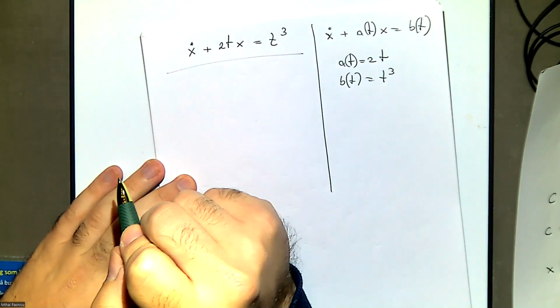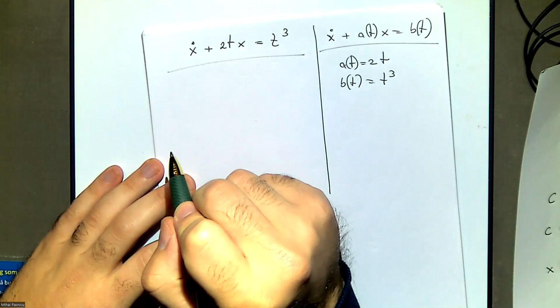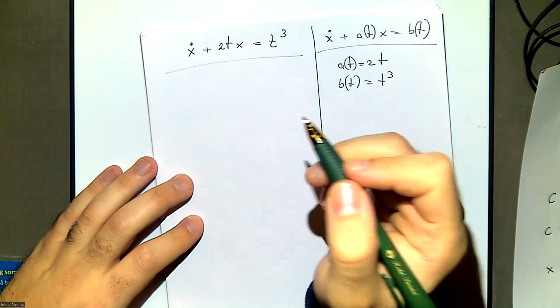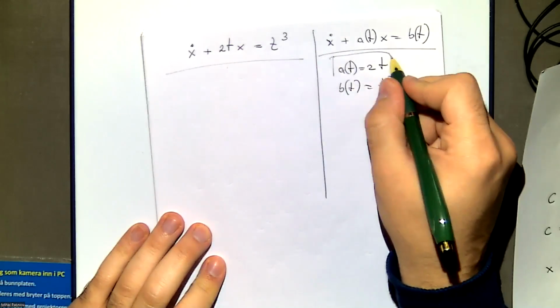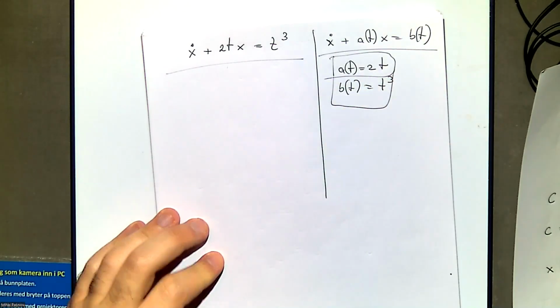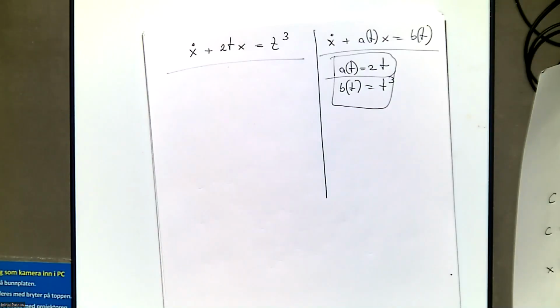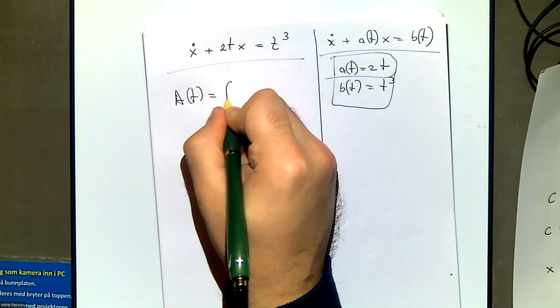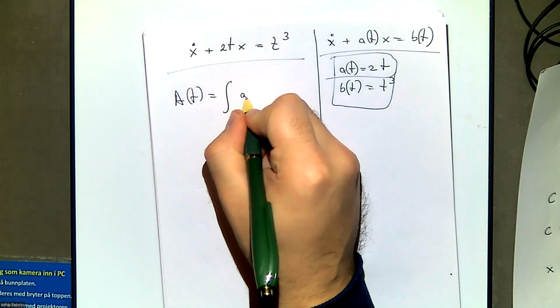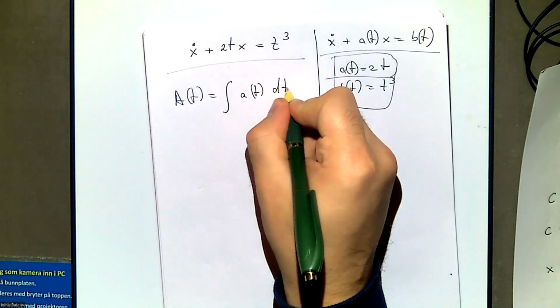I write my differential equation the same way that I've learned. And in this case, the professor was nice and gave me the exact same form, so my identification was simple. So I identify a of t equals this, b of t equals this. My next step, pretty standard, I just compute big A of t, the integral of a of t dt.